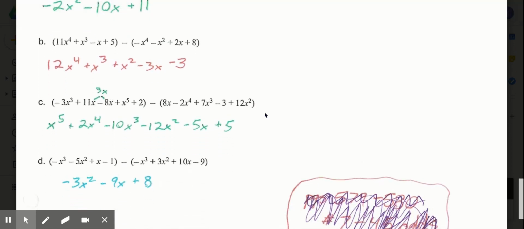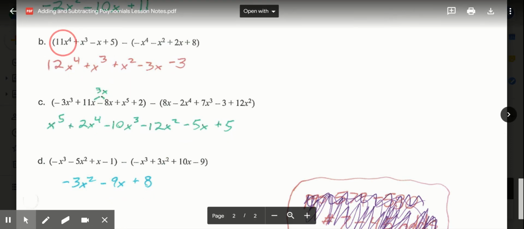So in B, 11x to the fourth minus a -1x to the fourth becomes 11x to the fourth plus x to the fourth, or 12x to the fourth.